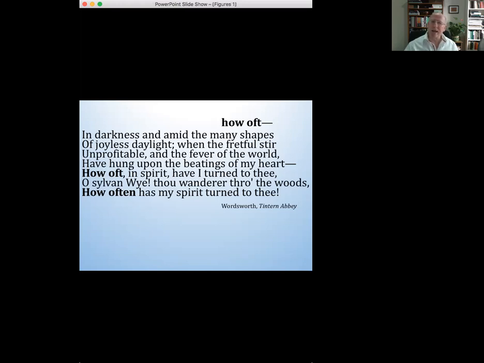Here, the anaphora, several clauses beginning with the same words, how oft, how oft, how often, gives us a sense of Wordsworth's emotion, but in this case the emotion is of gratitude. How often have I turned to thee, O river Wye, in order to get some consolation from joyless daylight.